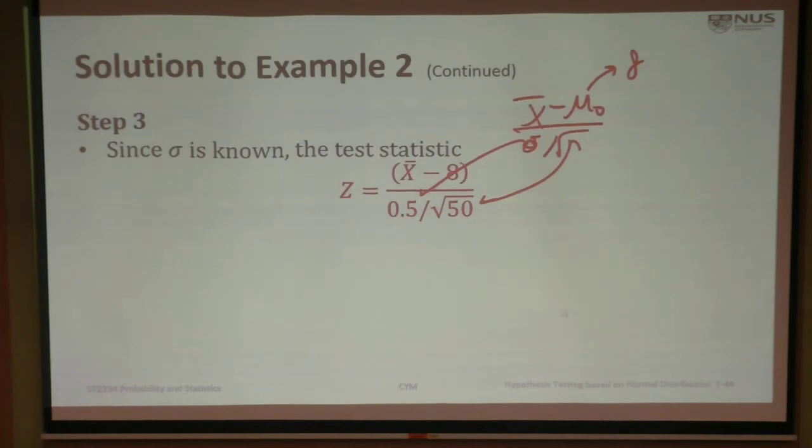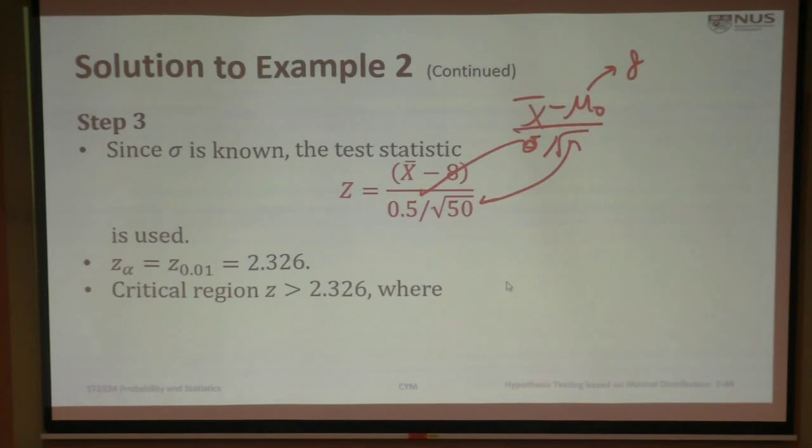Without looking at the data, I decide on the critical region or the rejection region. Whenever your Z is bigger than 2.326, I reject the null hypothesis. That means the difference between x bar and 8 is big enough to reject the null hypothesis.